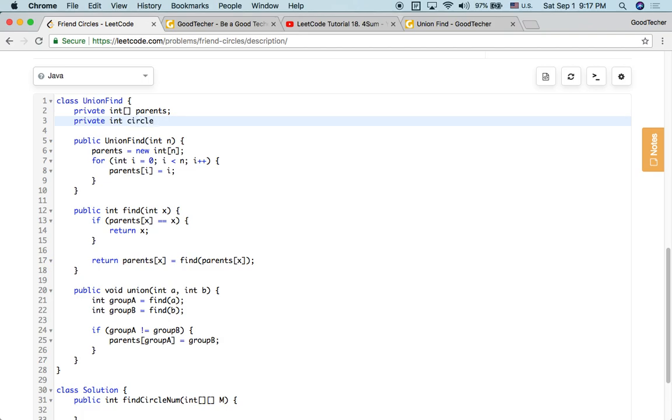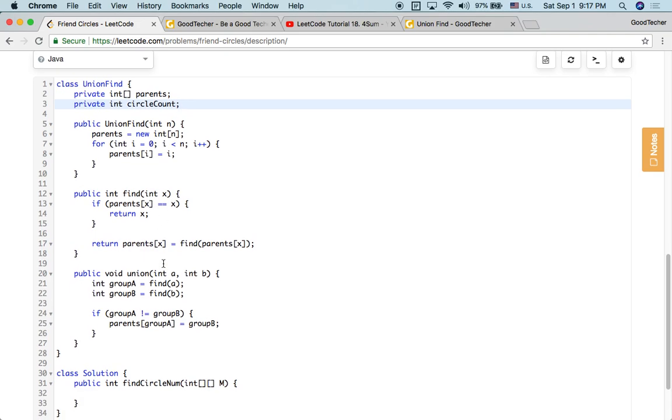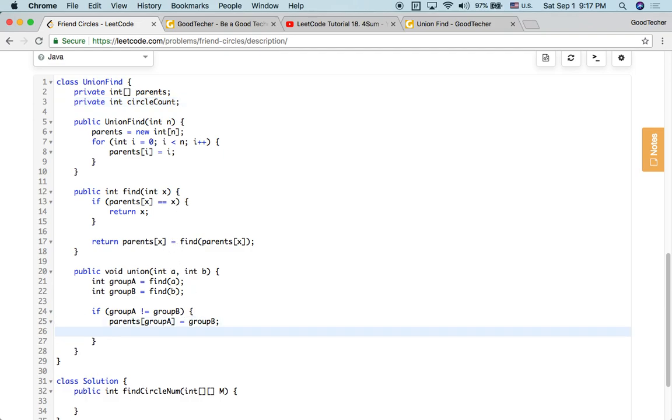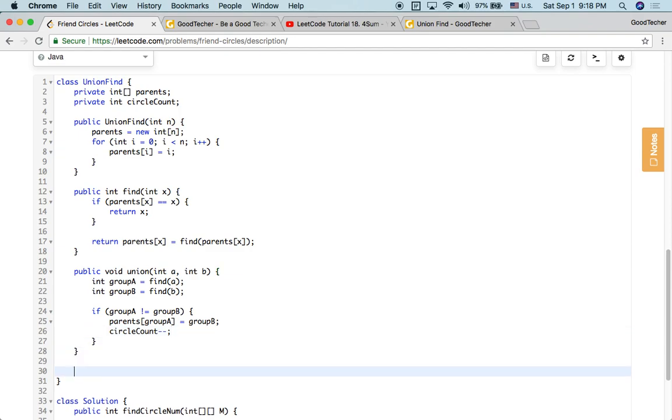Circle count indicates how many circles there are in this friend relationship. Whenever we do a merge, we merge two indirect friends into one circle, so the circle count needs to reduce the total count.